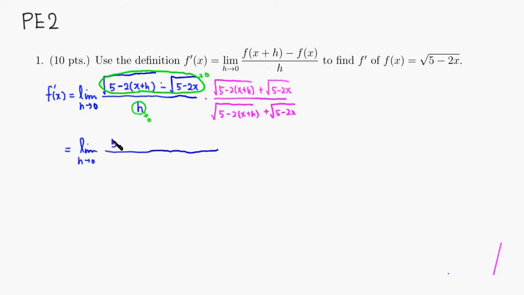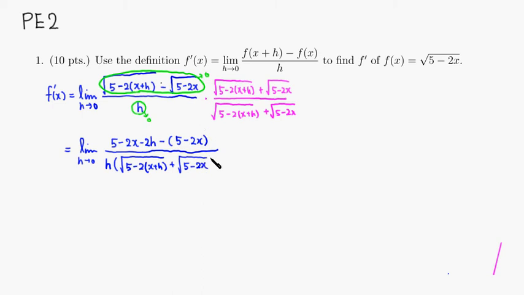We have 5 minus, distributing the negative 2, negative 2x minus 2h, minus b squared, which is 5 minus 2x. On the bottom, there's not much we can do, so we just write down h times the square root of 5 minus 2 times x plus h, plus the square root of 5 minus 2x.